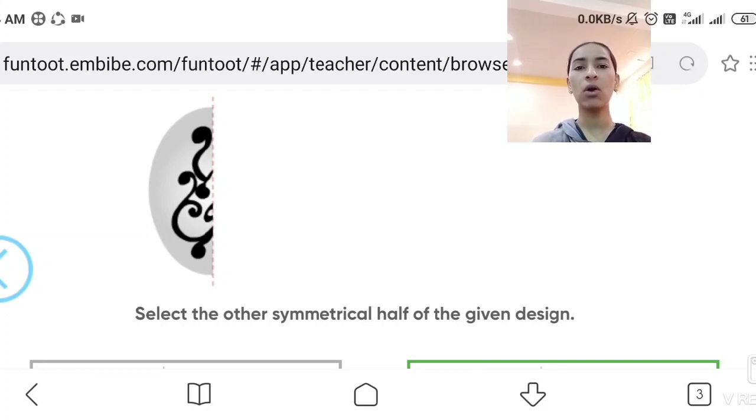And a square also, how many does a square have? Yes students, you have to tell me the answer. Square has how many lines of symmetry? That means, what happens if I fold vertically or horizontally or diagonally? You have to tell me. How many lines of symmetry are there?